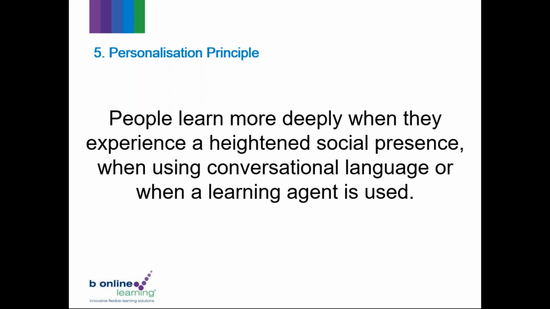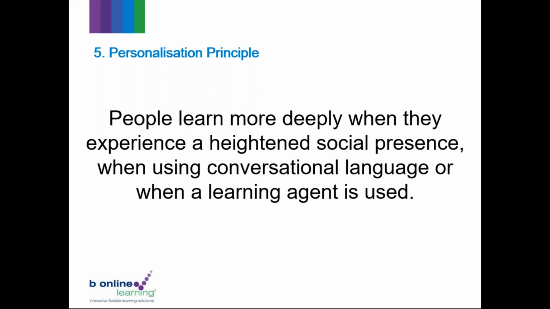The findings were that where there's a heightened social presence, that means when you use the word you in a module, so you're talking about you're going to do this or we're going to do that, and conversational language, writing sort of how you might talk instead of a more formal way.